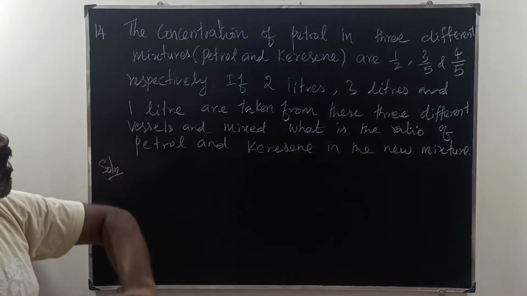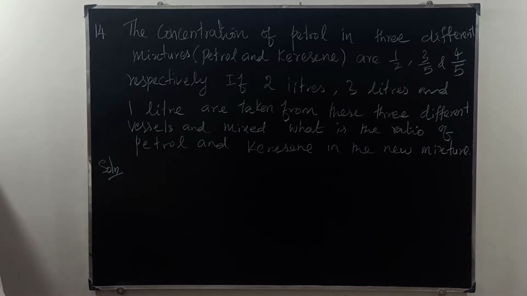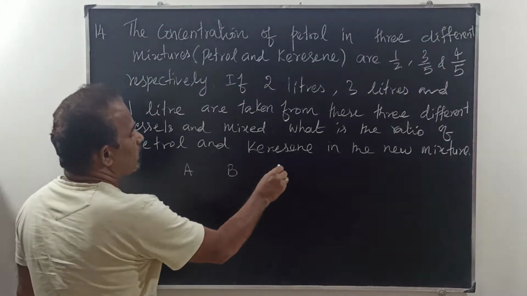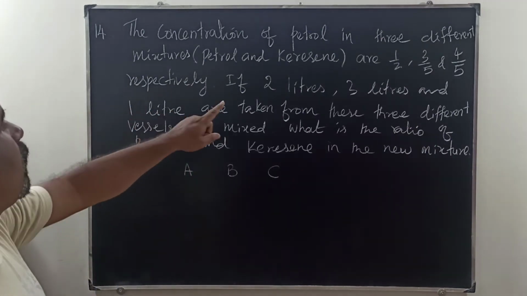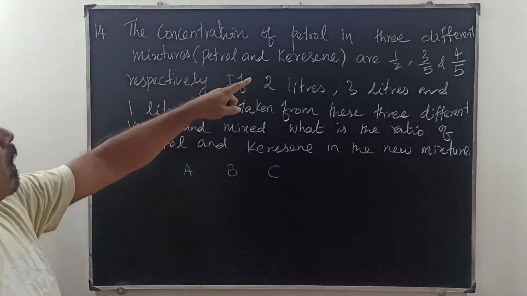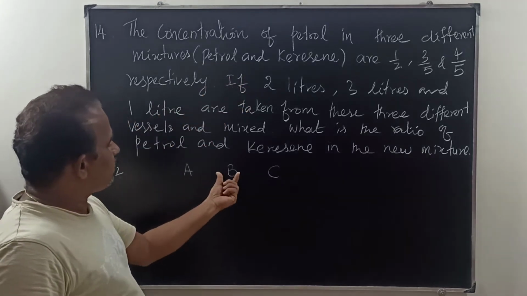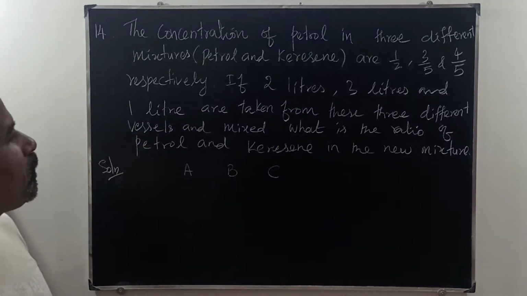The concentration of petrol in 3 different mixers. So mixer A, mixer B, mixer C. Each mixer consists of petrol and kerosene.